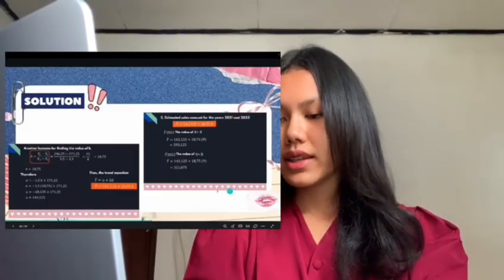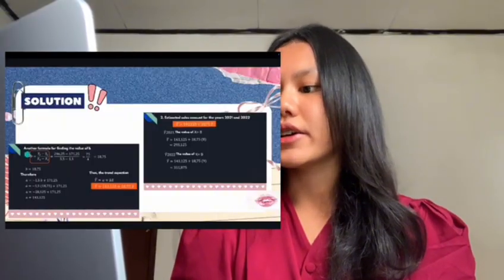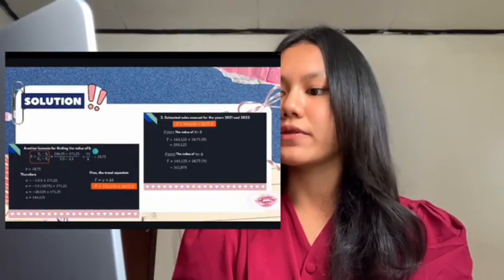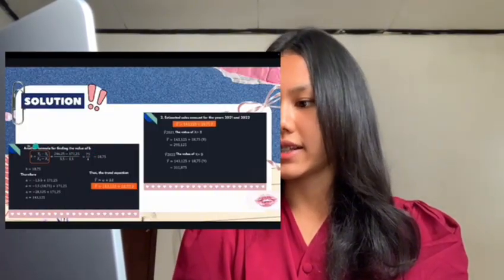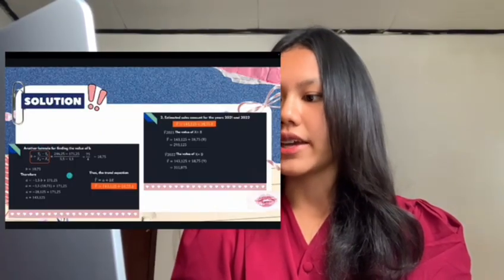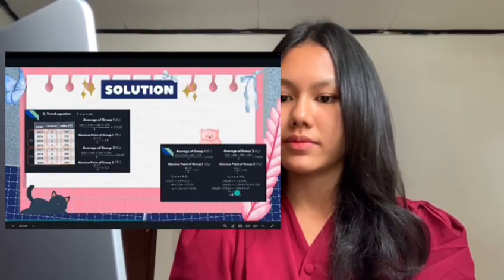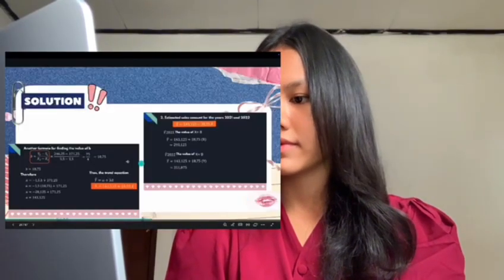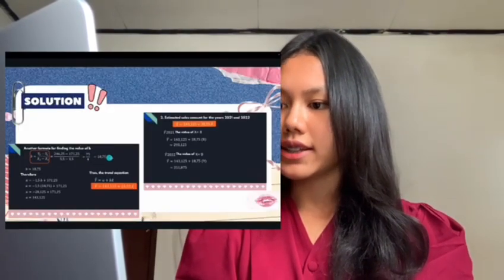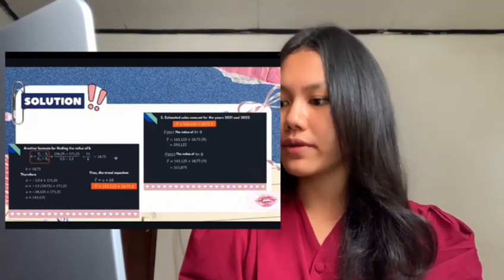Okay, and this is the other formula for finding the value of b, like this. And the value is the same as this, 18.75.